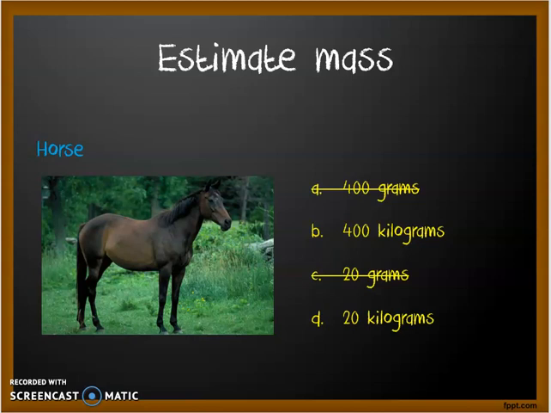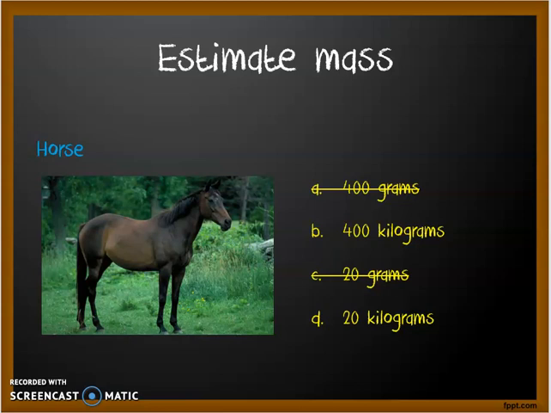And those are the answers with grams, because there's no way that this horse could be measured by 20 grams or 400 grams. It could not equal that, right? Because we wouldn't use grams to measure the horse. So those answers don't make sense. They're not reasonable. So then we're left with 400 kilograms or 20 kilograms.